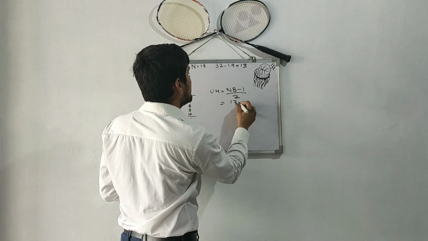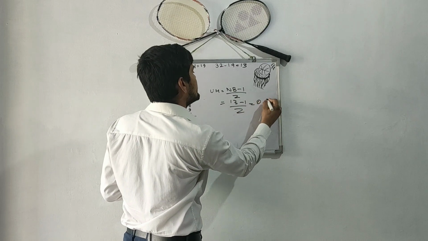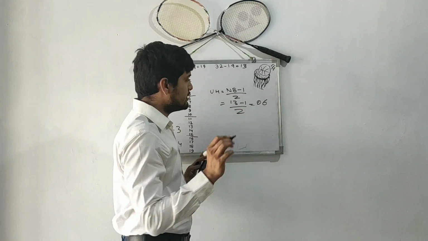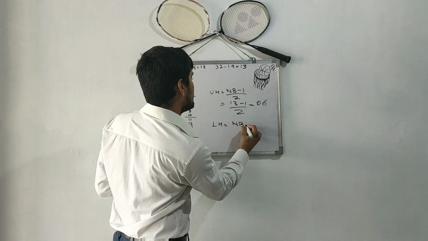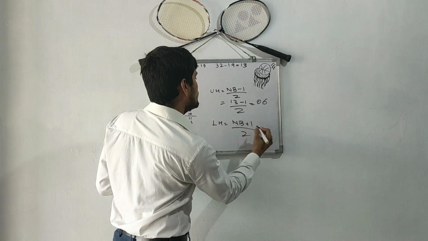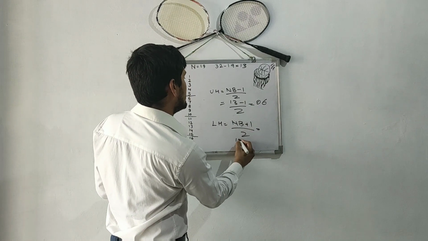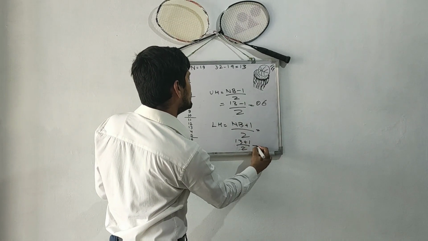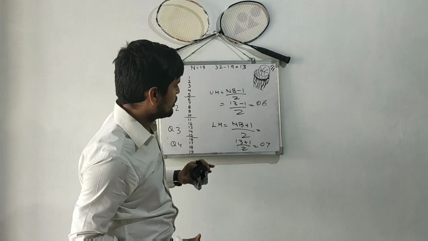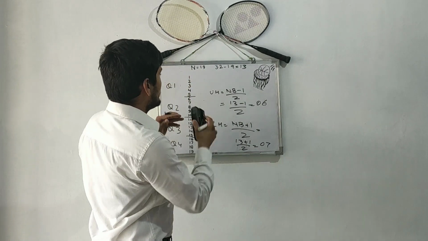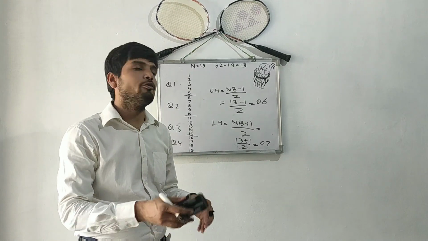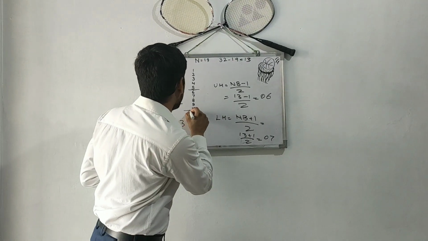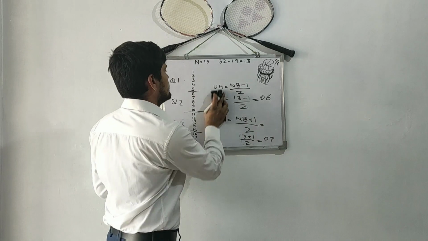NB, that means 13 minus 1 divided by 2 is 6. Is it fine? For the lower half, NB plus 1 divided by 2, that is 13 plus 1 divided by 2, that is 7. So in the upper half we have to allot 6 byes, and in the lower half we have to allot 7 byes.